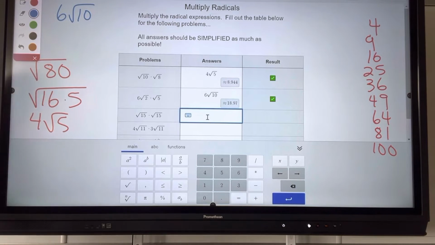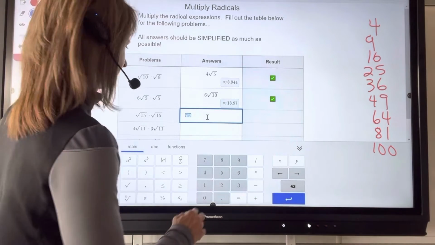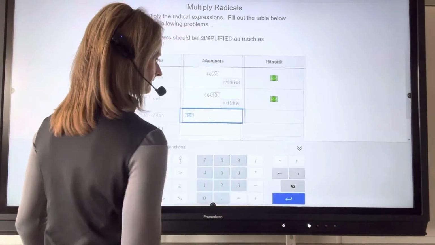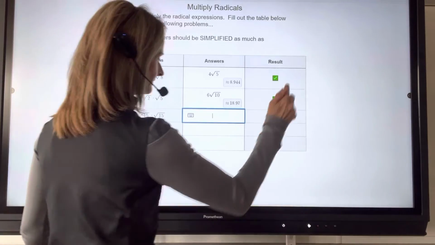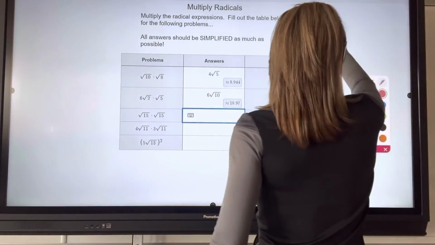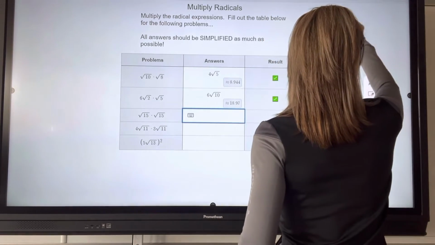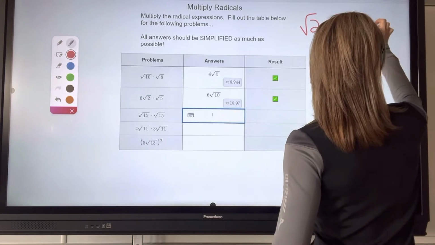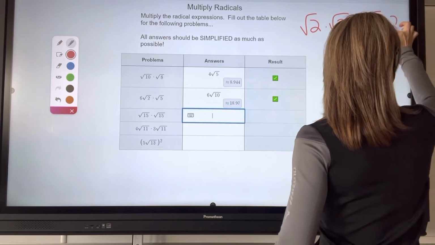All right, here's another concept we need to learn. In fact, I'm going to erase this and show you this. All right, eyes up here. The square root of 2 times the square root of 2. Do you guys agree that that equals the square root of 4, which is equal to 2?